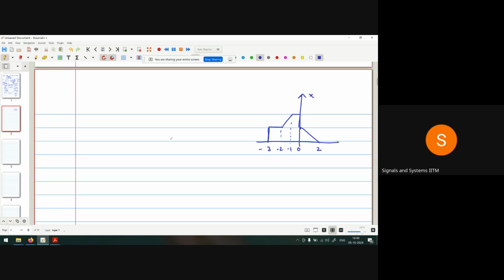This is my x signal. I have to do x of t by 2 minus 1. Now, can you tell me?